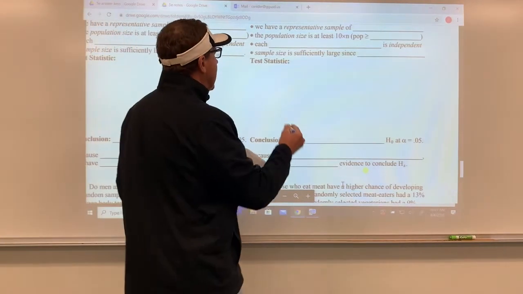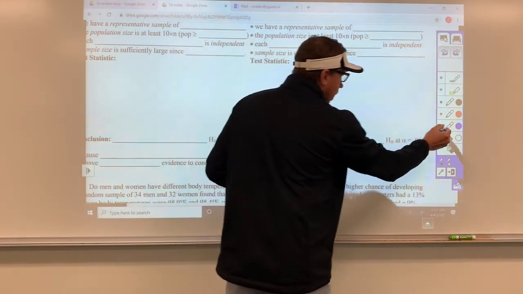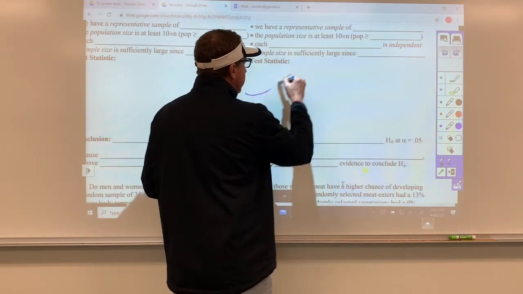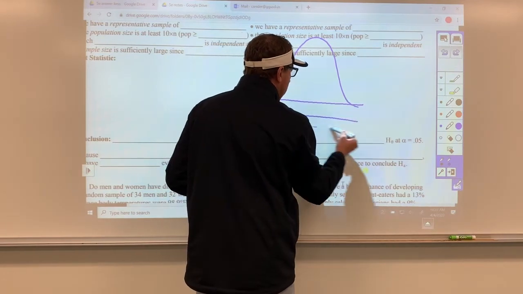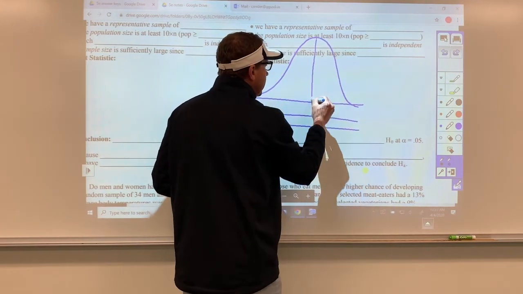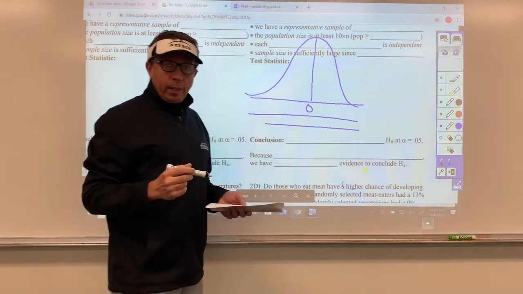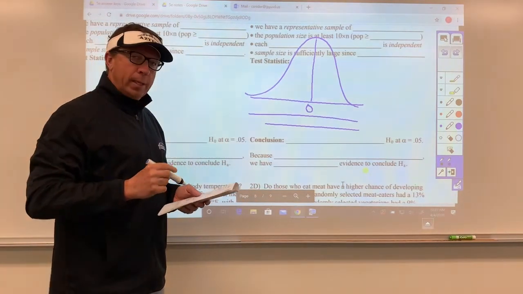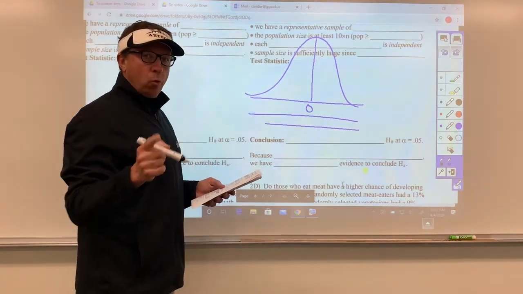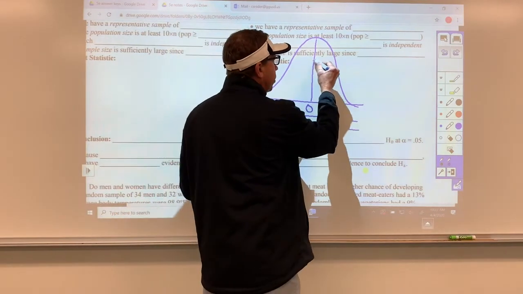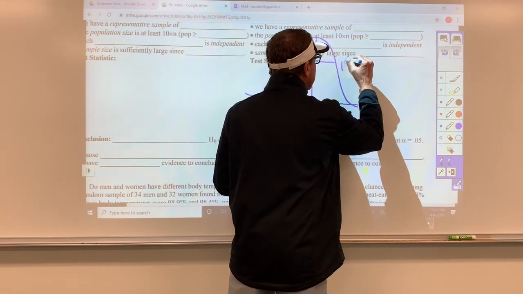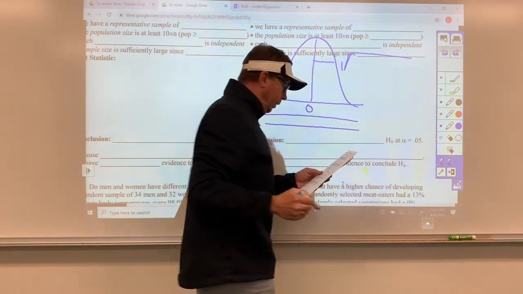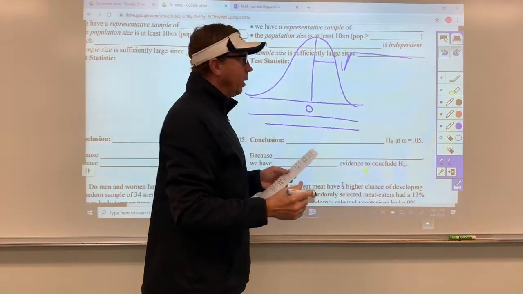Okay, so most likely you're going to do this on the calculator, and so you'll be required to draw up how this would work. What goes in the middle, of course, is 0, because 0 represents there's no difference between the satisfaction ratings. And then here, all you're going to do is draw out the standard deviation. You're not going to calculate it.